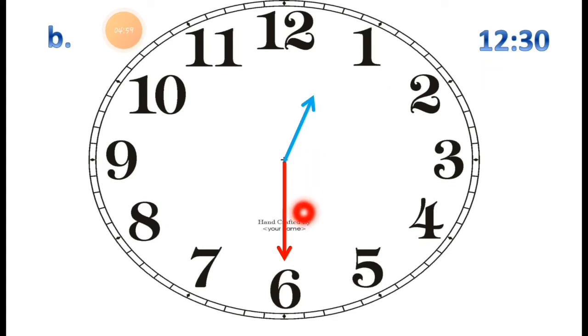So this clock shows the given time, 12:30. The given time is shown by drawing the hands. This way you can draw the hands.